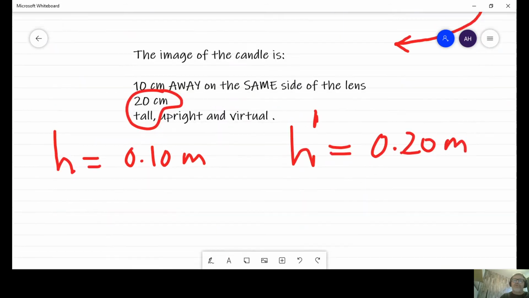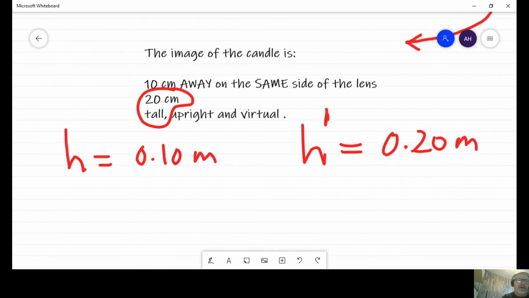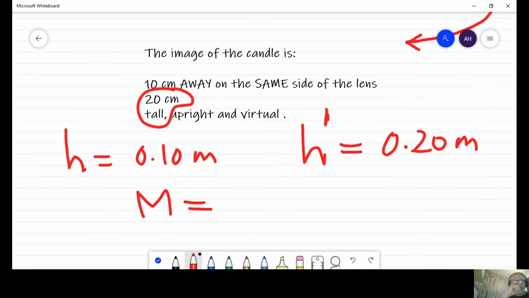And I think you all see where I'm going. Magnification. You don't even need maths for it, but remember in physics, we like you to show your maths. So it's H prime divided by H. That is the length of the formed image divided by the original real length. Okay, you got it.